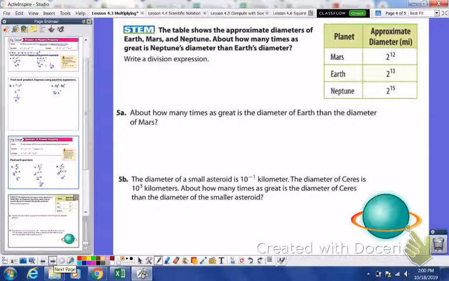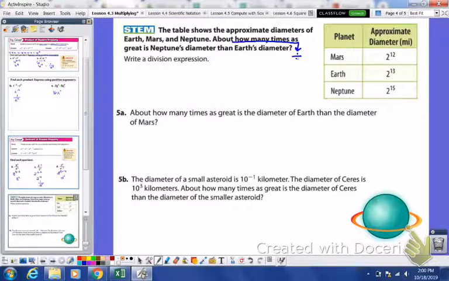The table shows the approximate diameters of Earth, Mars, and Neptune. About how many times as great is Neptune's diameter than Earth's diameter? Okay, so how many times bigger is Neptune than Earth? Well, if we want to know how many times bigger, or how many times as great, this is talking about division. So we're using our quotient. Write a division expression.